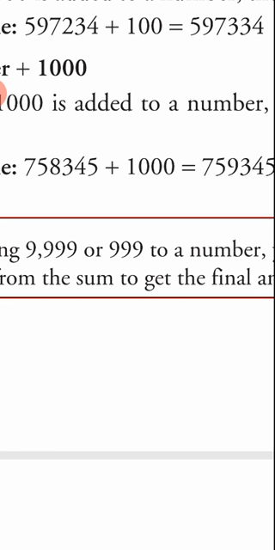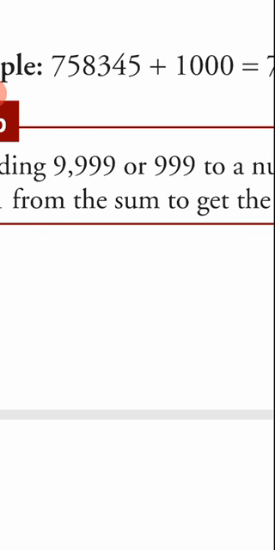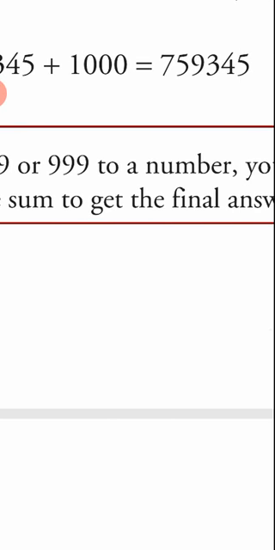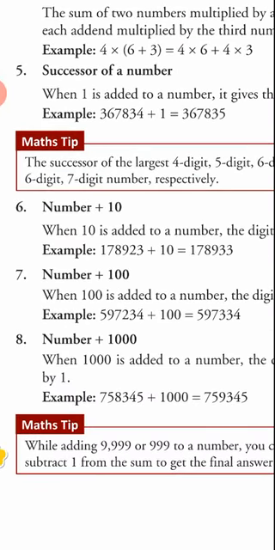That is 8. Start calculating from the rightmost corner. Like 5 is at the ones place, 4 is at the tens place, 3 is at the hundreds place, and 8 is at the thousands place. Now we are adding 1 to the digit at the thousands place. Means we have to add 1 to 8. So our answer will be 759,345.